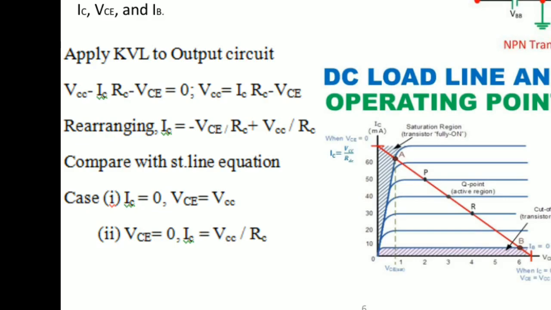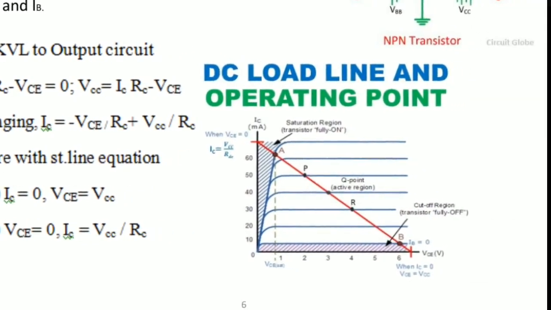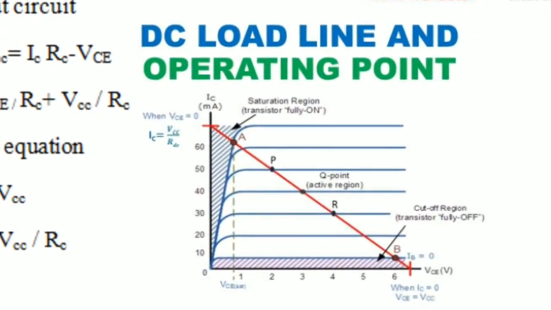Next, when the collector emitter voltage VCE equals 0, the collector current is equal to VCC by RC. So I get 2 points. Moving on to the output characteristics of the given transistor, note down these 2 points in this output characteristics graph. Joining these 2 points, I get one straight line.